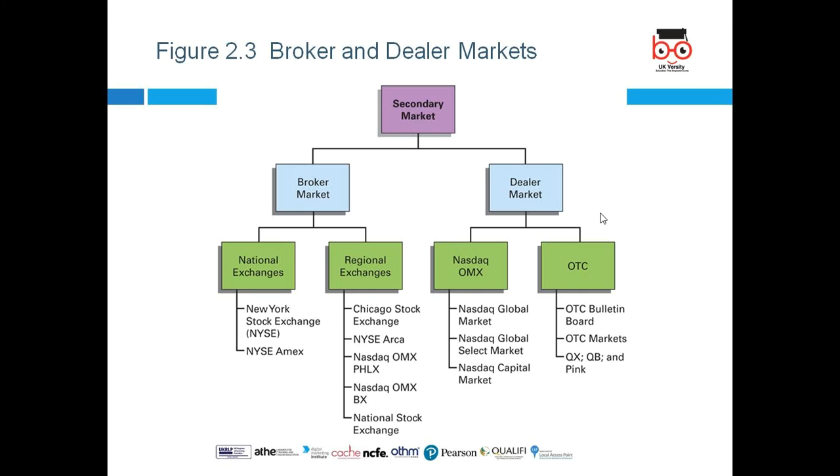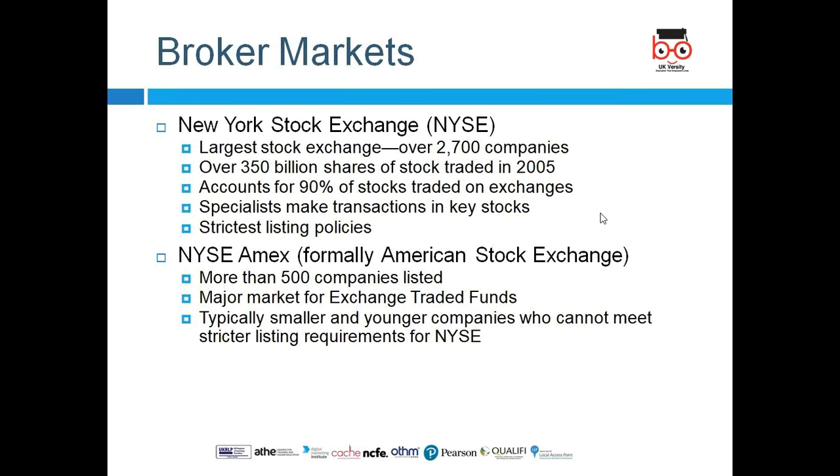So: secondary market, broker market, and dealer market, national exchange, New York, yes. Then the regional exchanges, you will see the list, and then the global markets, yes. Global stock exchange and OTC, of course, over the counter. Okay, broker market: the largest stock exchange has 2,700 companies, 350 billion shares traded, accounting for 90% of the stocks traded, and exchange specialists make transactions in the key stocks.